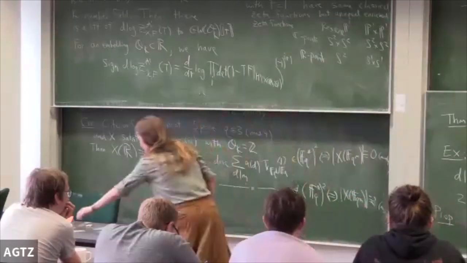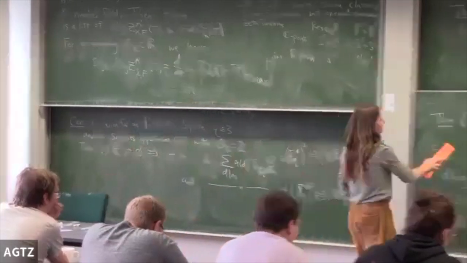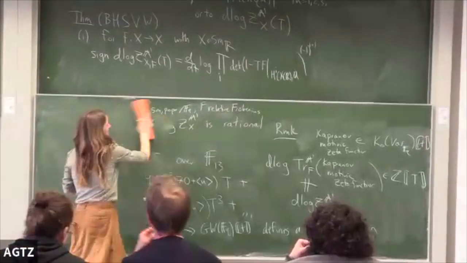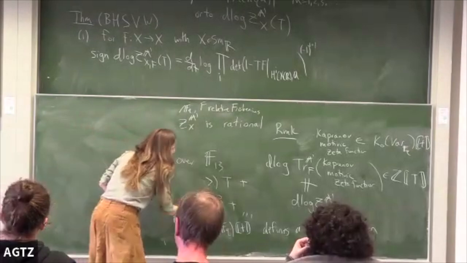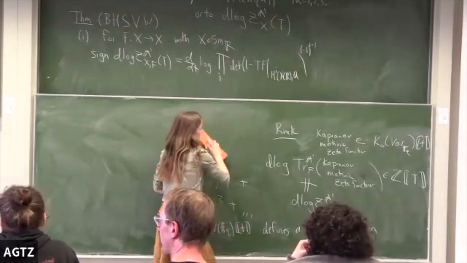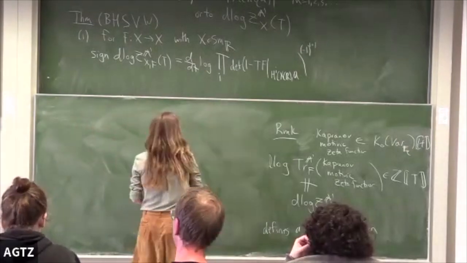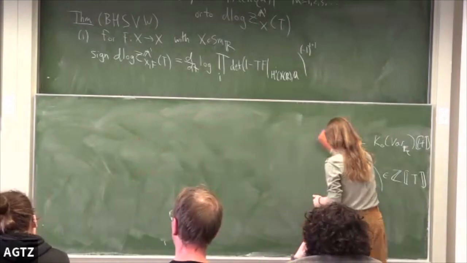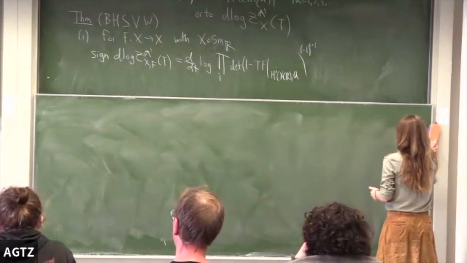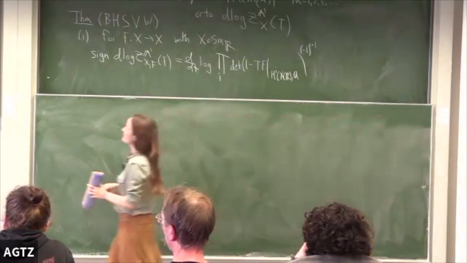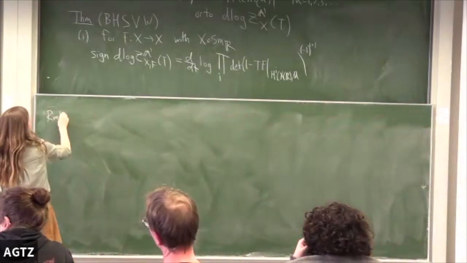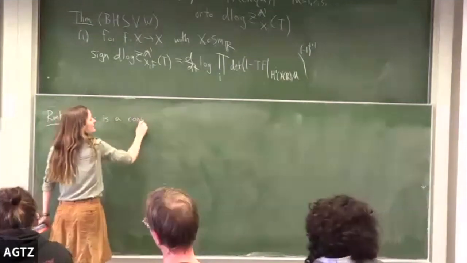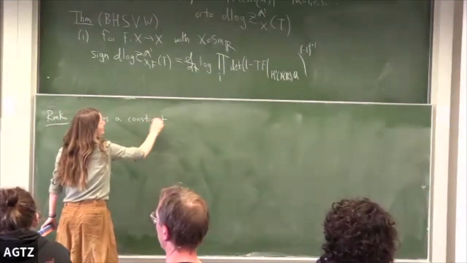So this is a constraint, one constraint for each m.